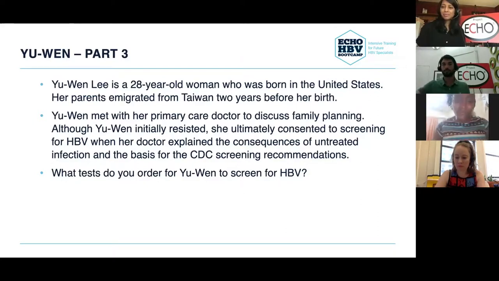It's a 5 profile panel: the surface antigen, the surface antibody, the E antigen, the E antibody, and the core antibody with either IgM or IgG. Most of the time, if it's IgM negative, we just assume it's IgG positive.